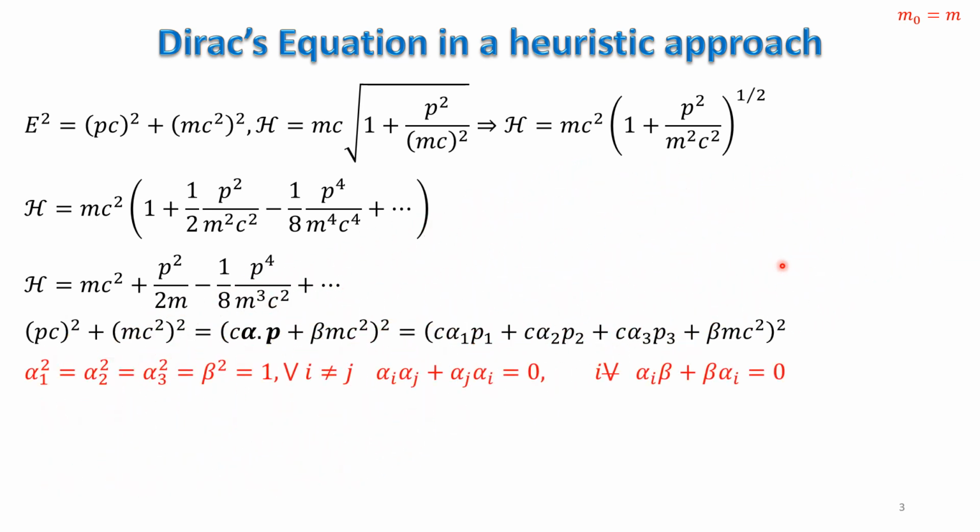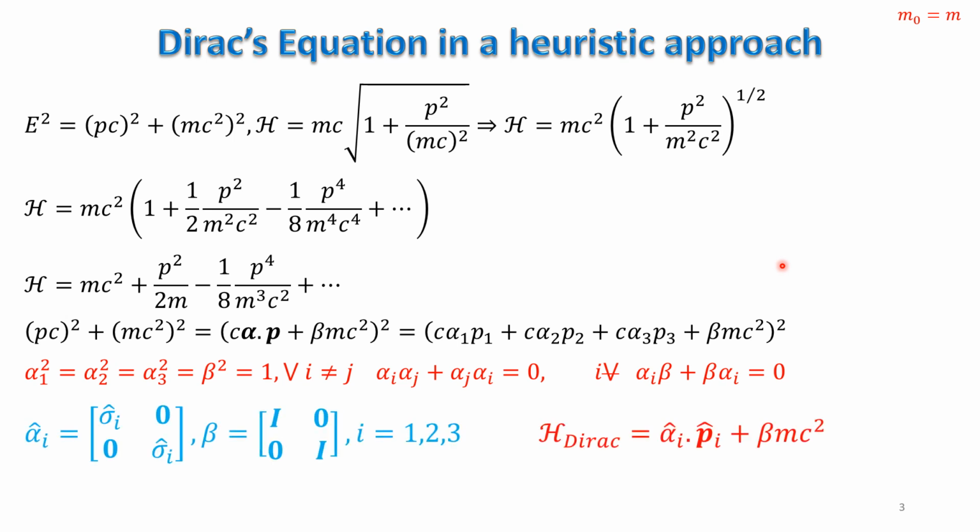And in turn, we are in a position to get something very interesting. But alpha and beta cannot be normal numbers. If we take 3 into 4 plus 4 into 3, it can never be 0.